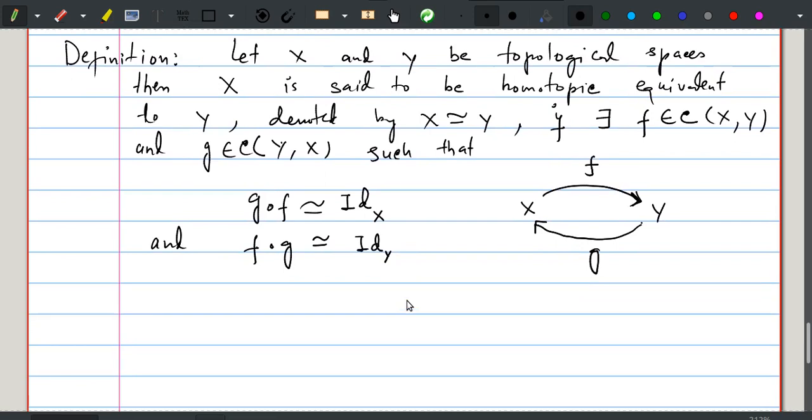Now in the next lecture we'll give some examples of homotopic equivalent topological spaces, and we'll prove that this homotopy equivalence is actually an equivalence relation on the set of all topological spaces.